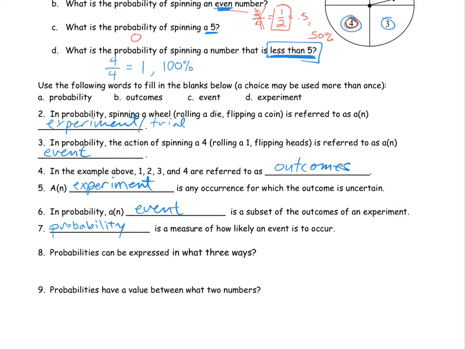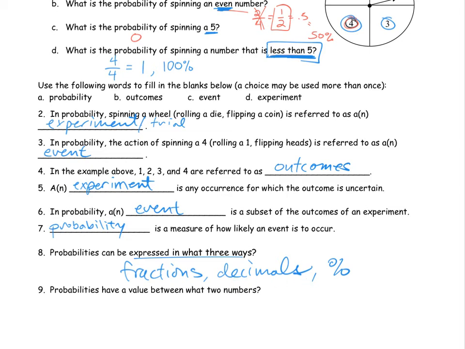We've already talked about these. Probabilities can be expressed in what 3 ways? Fractions, decimals, and percents. Normally we use decimals in math, but out in the real world, usually percentages. People say, oh, there's a 10% probability, and we as mathematicians kind of groan about that, but we know what they're talking about and we don't correct it, because in the real world percentages are used, but in mathematics we normally use decimals.